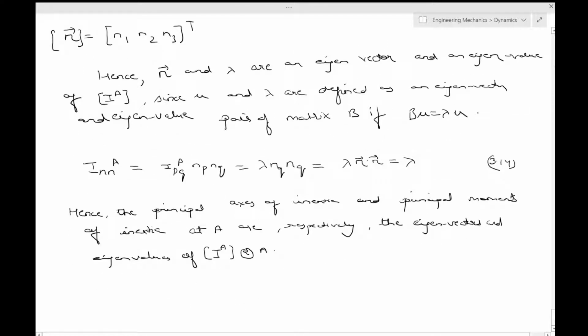Okay, again it is known from linear algebra that there would be 3 eigenvalues.